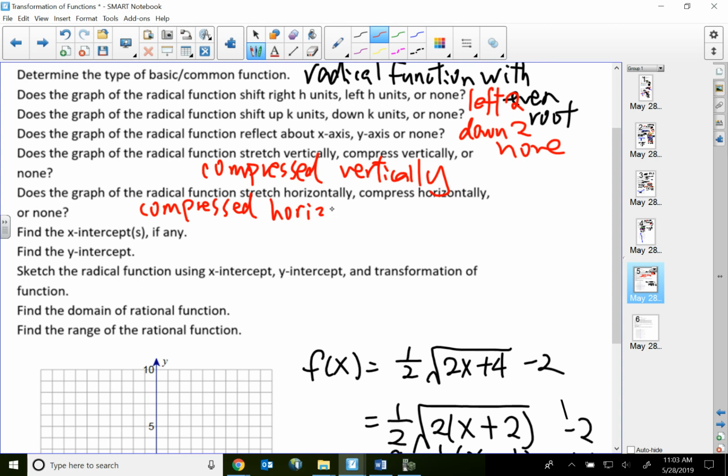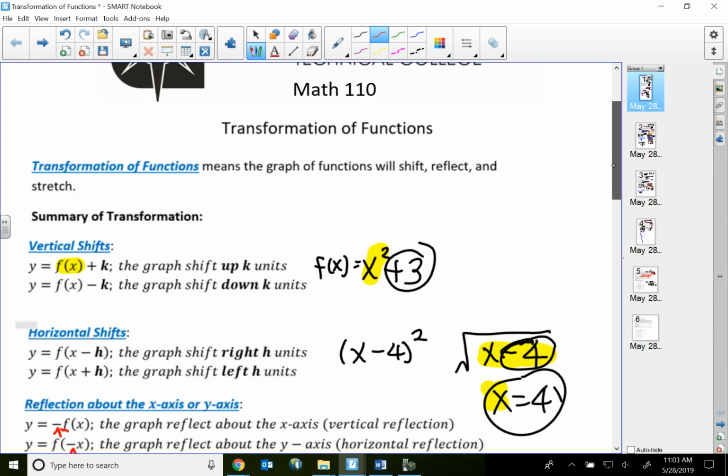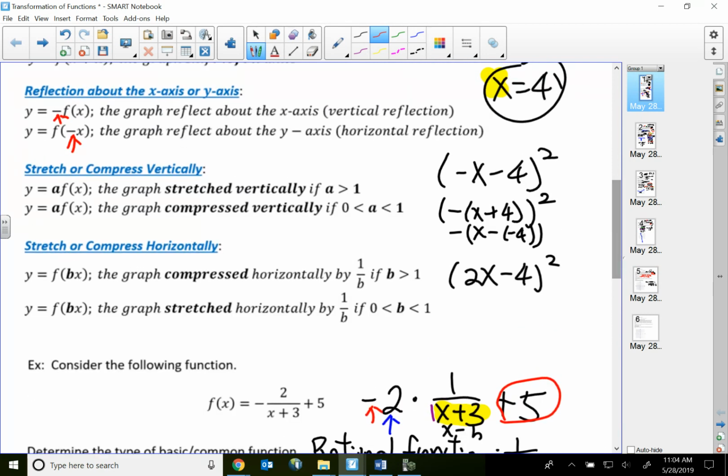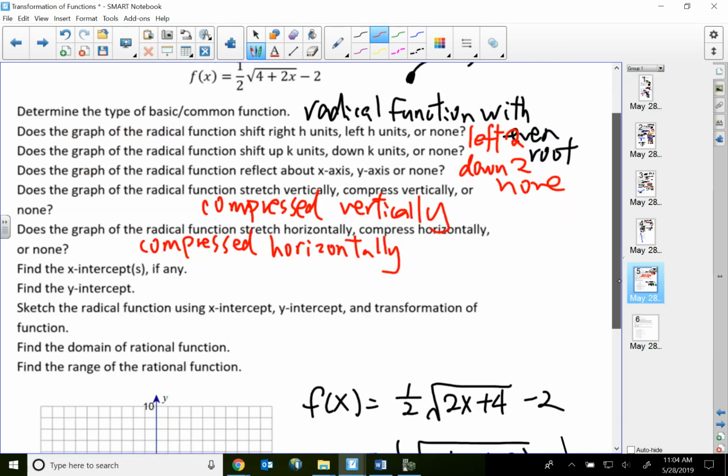Oh, did I say stretch? And I wrote down compressed. Yeah, a is a half, so that will be compressed vertically. B is a 2, which is compressed horizontally. Okay, so I wrote it down correctly.